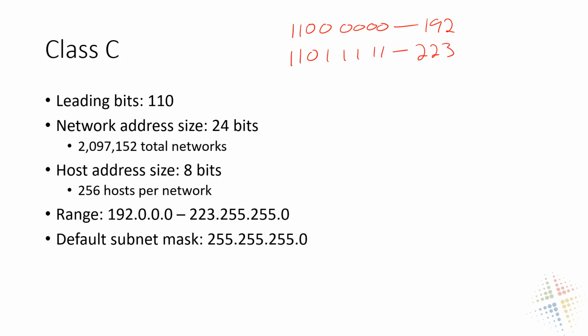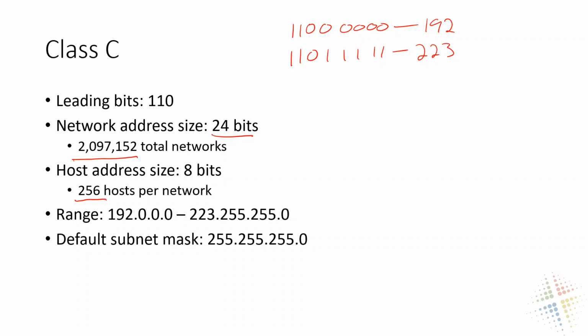Because it's a Class C, we're going to say the first 24 bits are the network range. So Class A is 8 bits, Class B is 16, Class C is 24. That gives us just over 2 million networks total. And then host size of 8 bits, or 256 hosts per network.